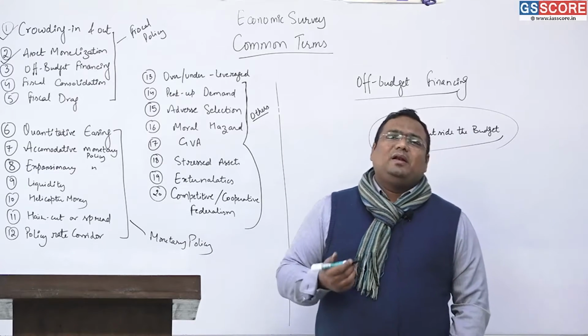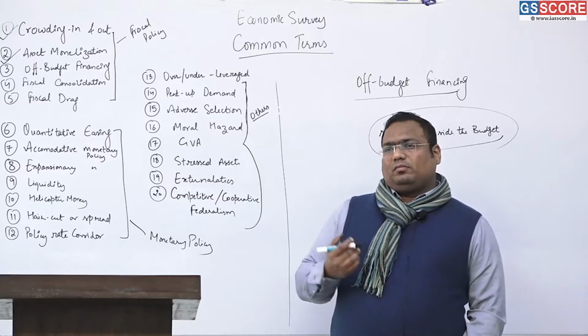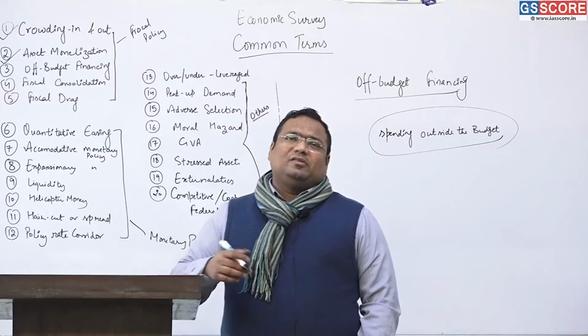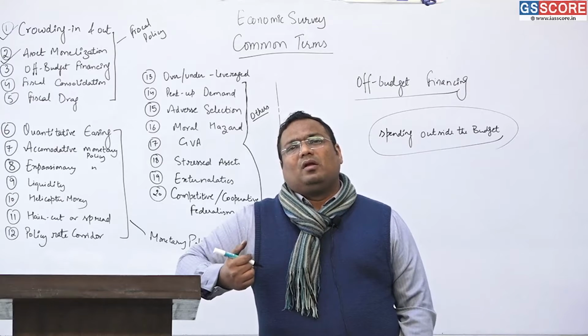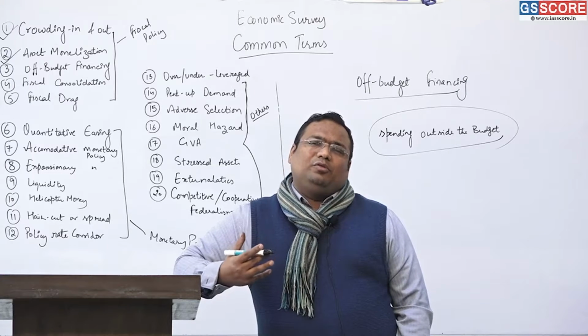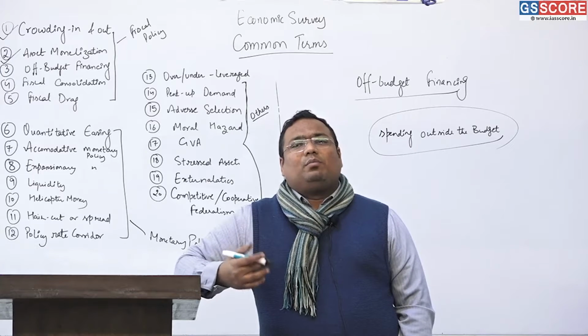So for example, in India, when banks required recapitalization because our capital adequacy ratio was increased as per the Basel III norms. So when as per Basel III norms we increased our capital adequacy ratio, banks required more capital.